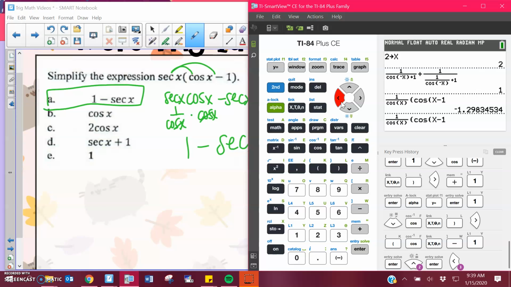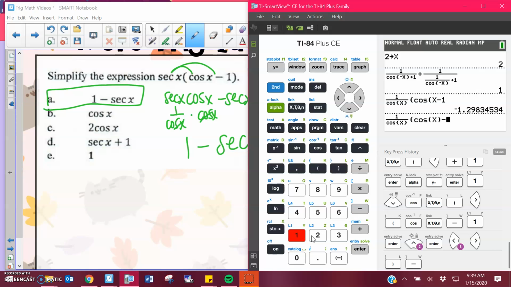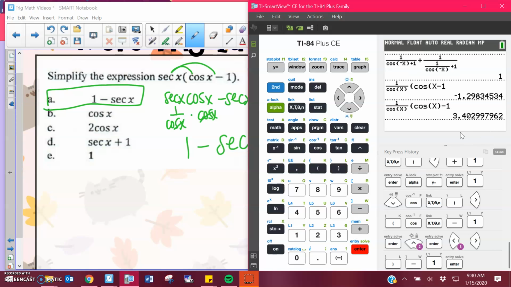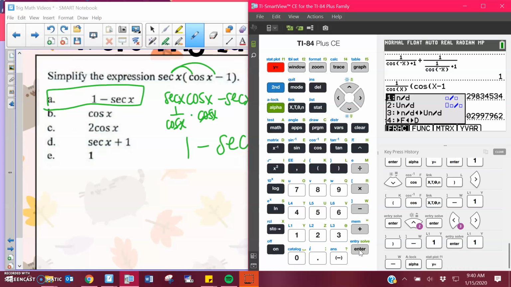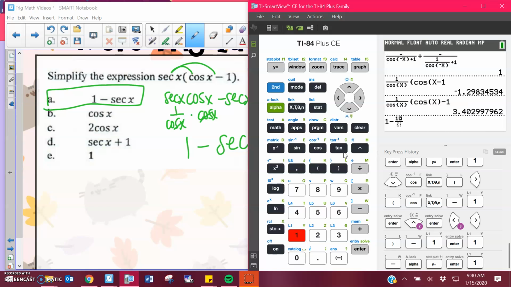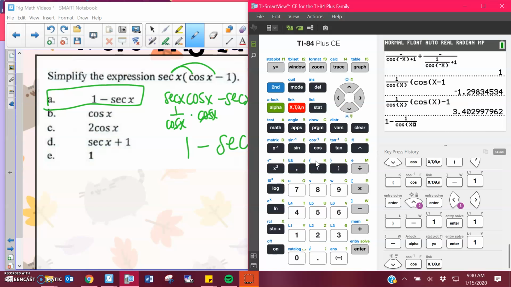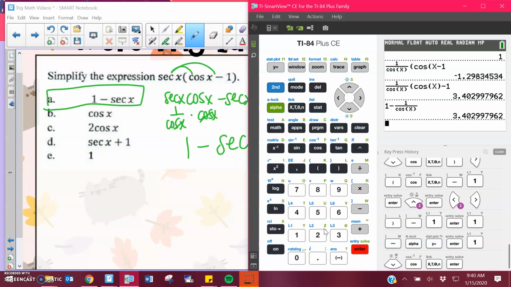I'm trying to go fast. Okay, cosine x minus 1. There we go. So I get some sort of a weird number, and so then I'd have to plug in all of my answer choices until I found said weird number. Okay, so if I plug this one in, this one was nice because it ended up being the first one, but it could take you a while to get there and find that those two things are equivalent.